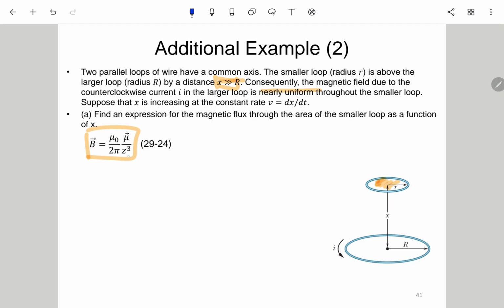And of course here z should be x in this question. So here we have B equals mu 0 over 2 pi, times mu over x cubed.